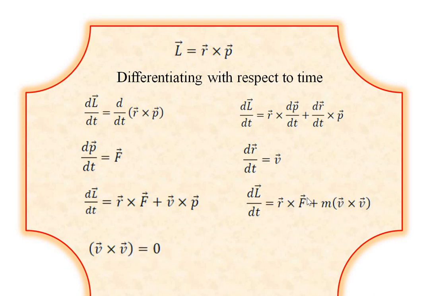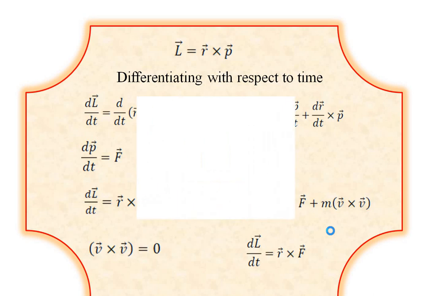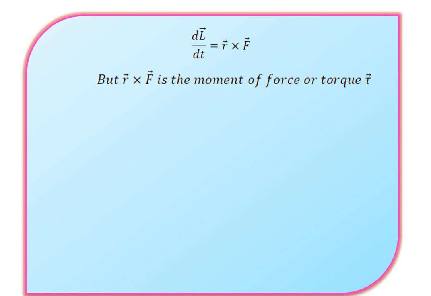So putting this value and simplifying, we get dL vector by dt is equal to r vector cross F vector. But we know that r vector cross F vector is the moment of the force, or simply we call it the torque tau. So we get the relation dL vector by dt is equal to simply tau vector.